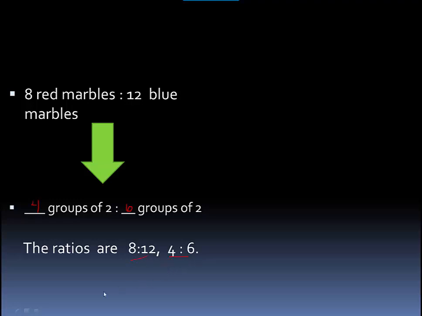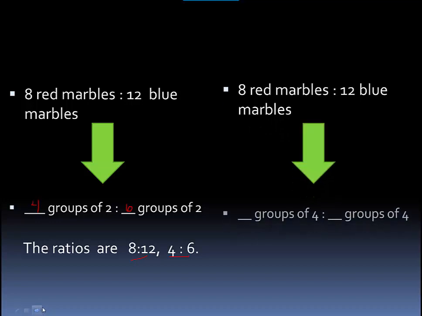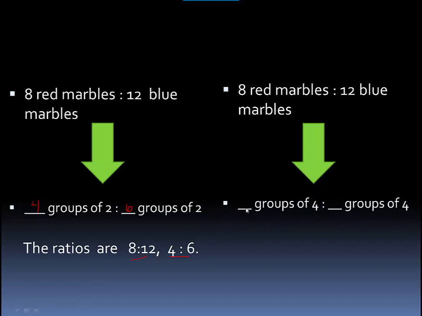These are equivalent. All we did was put them into different groups. And with 8 red marbles and 12 blue marbles, when he put them in groups of 4, he had 2 groups, and he had 3 groups. So that ratio, 2 to 3, is also an equivalent ratio of 8 to 12.